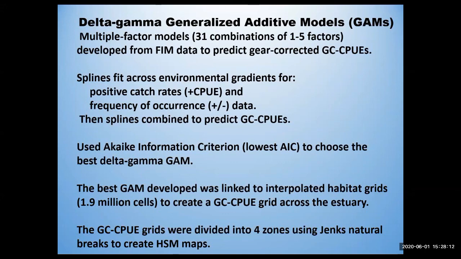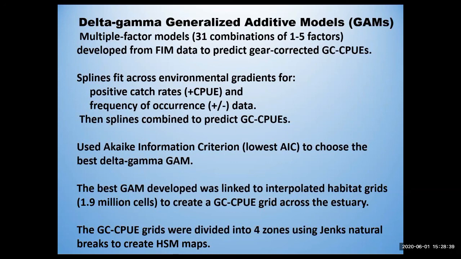So now we have, for each habitat grid, a grid with gear-corrected CPUEs, a continuous grid of CPUEs. And then those CPUEs were averaged across the different habitat grids. And then we had to divide the continuous CPUE grid that was produced into 4 zones using Jenks natural breaks.